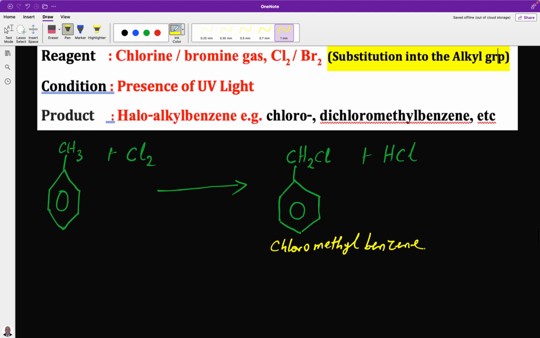So now it is a continuous process until all the hydrogens are substituted, as halogenation.